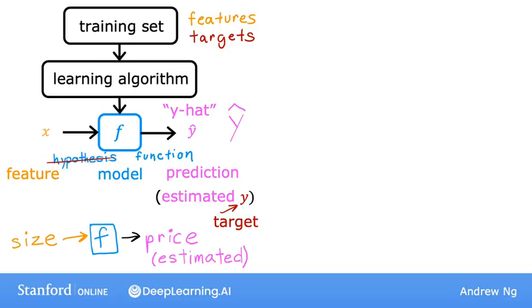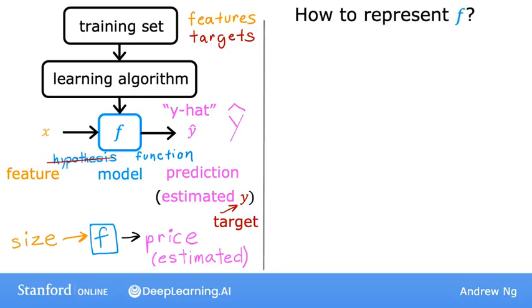Now, when we design a learning algorithm, a key question is, how are we going to represent the function f? Or in other words, what is the math formula we're going to use to compute f? For now, let's stick with f being a straight line. So your function can be written as f subscript w comma b of x equals w times x plus b.